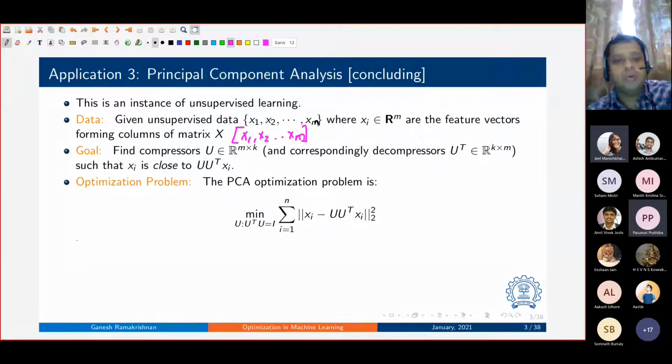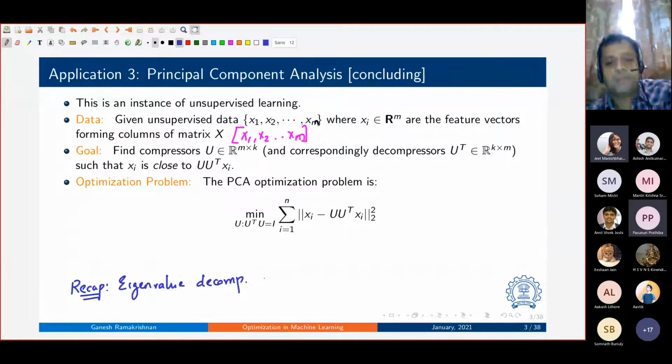All of you have seen the eigenvalue decomposition, right? So recap. If you have a matrix A, then x and lambda form an eigenvector eigenvalue pair if Ax equals lambda x, right?